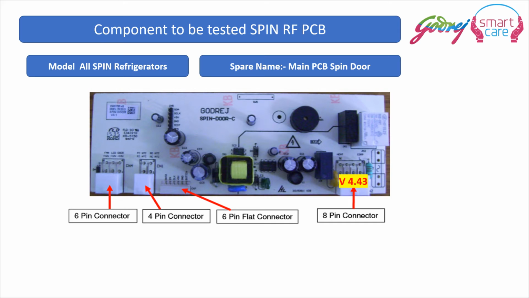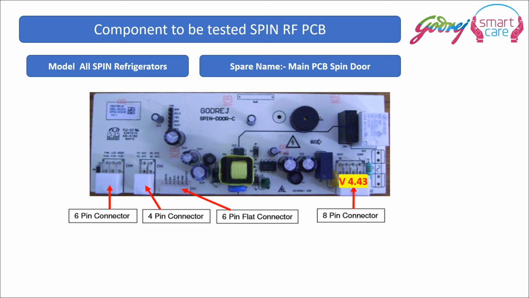And then you have a 6-pin flat connector with 6 small or thin wires which are connecting the main PCB to the display PCB. This is when you have a door display kind of a spin refrigerator, where the display PCB and the main PCB are separated and they are connected through 6 wires or 6 cable straight pin connector.